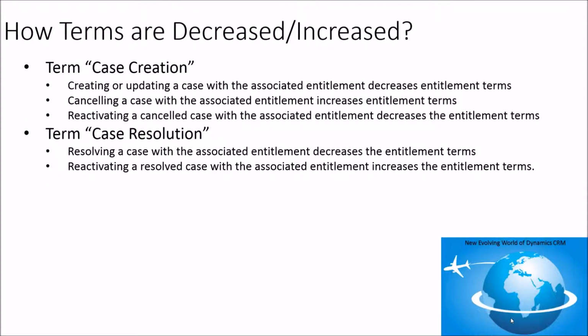we talked about terms, and we said that the terms reduce or decrease depending on case creation or case resolution. Now there are some further things which affect increase and decrease, and I thought I would talk about them to give some insight.